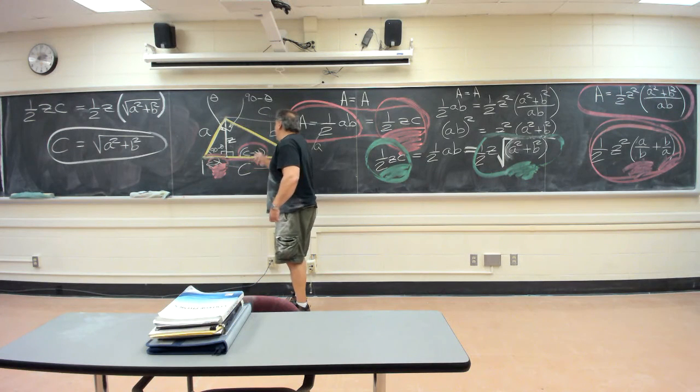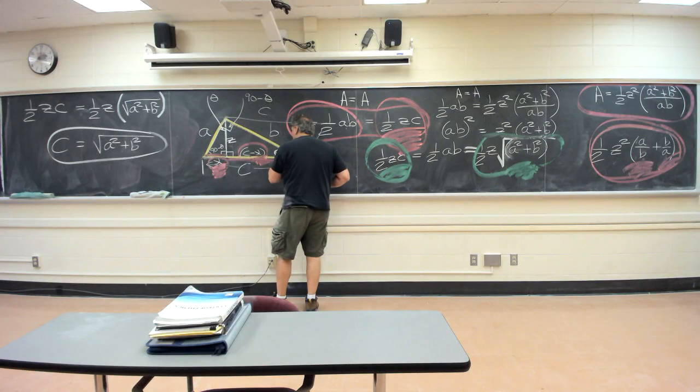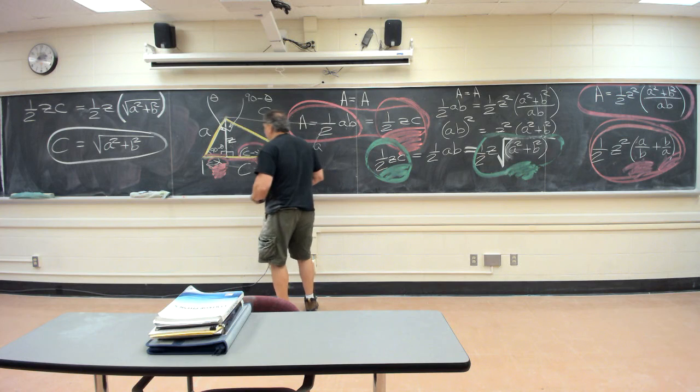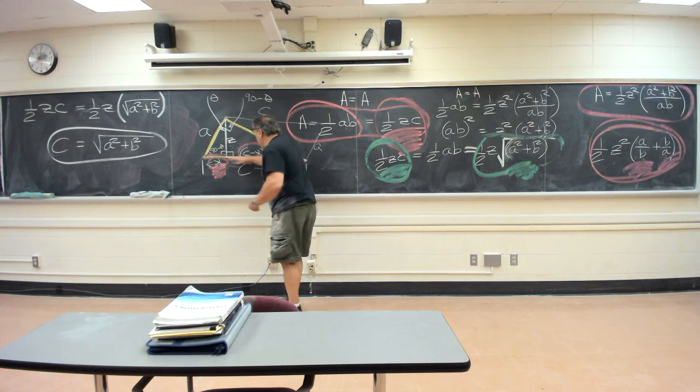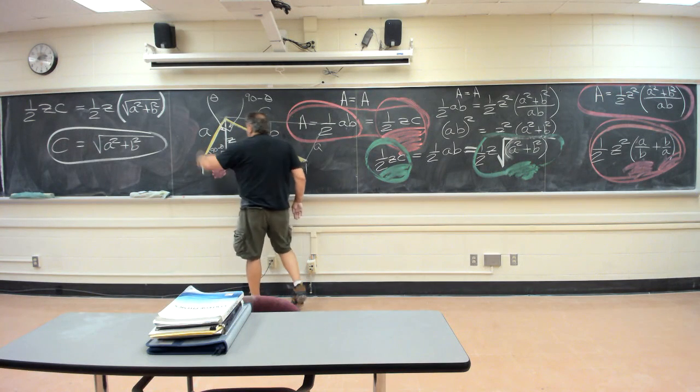I didn't want to say, oh yeah, by the way, this hypotenuse C divided by B, the longest hypotenuse divided by the second longest hypotenuse, is equal to the second longest hypotenuse divided by the smallest hypotenuse, because they're all similar triangles.